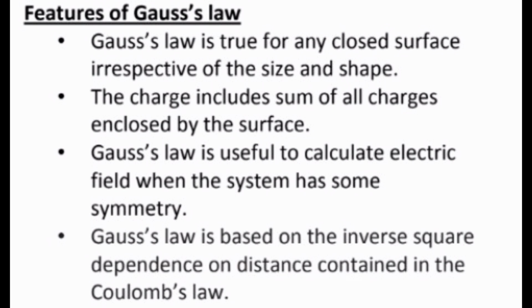Here we are using electric field, so that depends on the inverse square law. Clear? All these factors you have to remember. Gauss's law is very important, so remember the definition, proof, and all these features also. Hope it is clear to you.